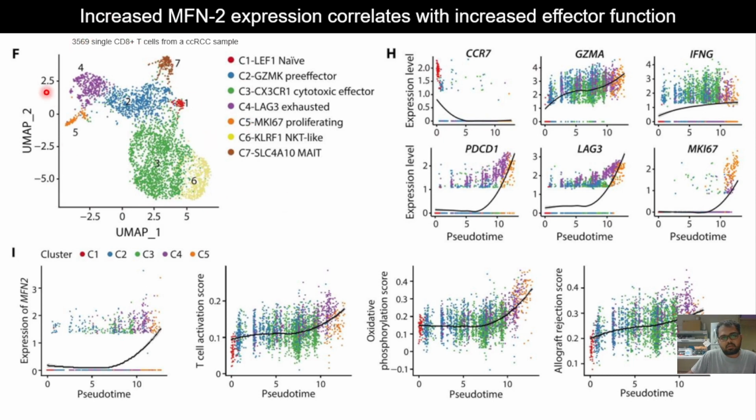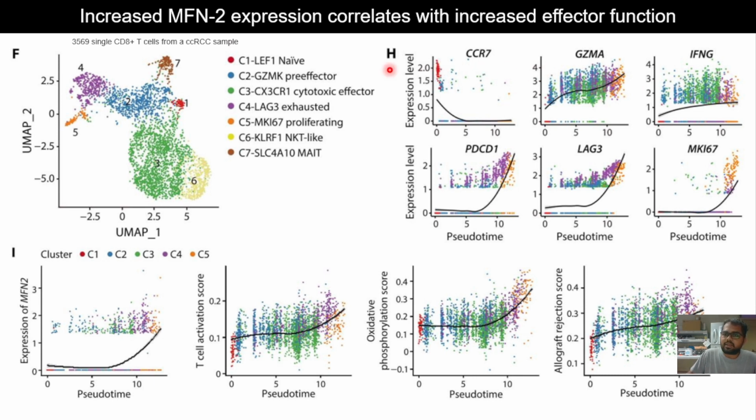So these are the overall clusters which they have found, and they use this data and they plotted it in a pseudotime analysis, this graph in which the y-axis is showing the expression level of CCR7 and how with the pseudotime it is increasing or decreasing.